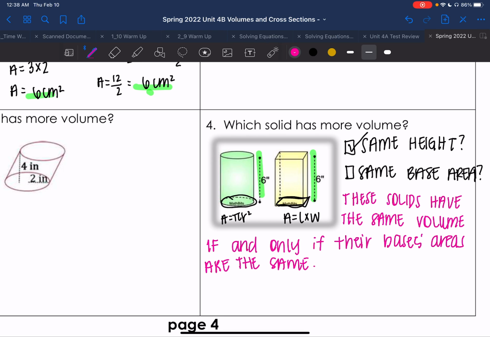All right, so again, we need to establish that the area of this square and this circle are the same, and then yes, we could say that Cavalieri's principle applies here.